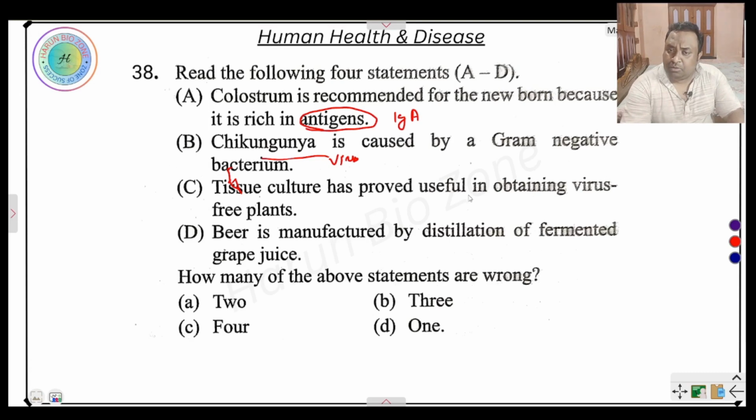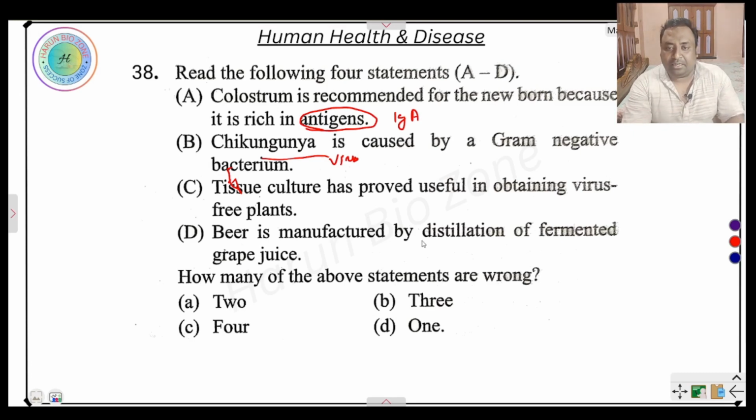Tissue culture has proved useful in obtaining virus-free plants because only the tip meristematic tissue is virus free. Meristematic tissue divides rapidly, so the virus does not multiply in that cell. So if we cultivate a plant from a meristematic tip cell, the plant becomes disease free.